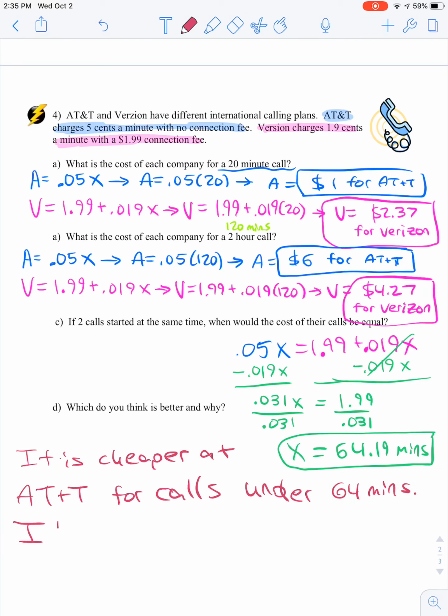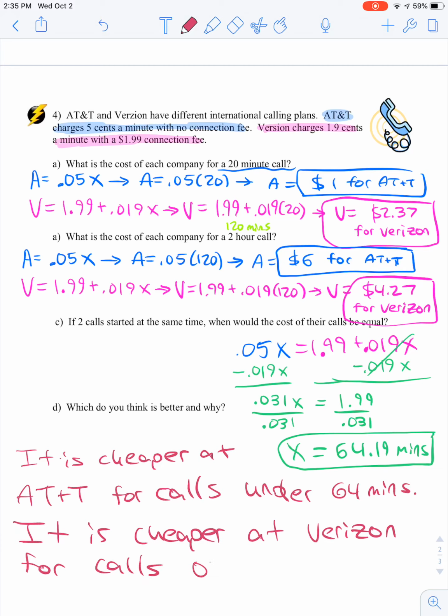It's cheaper at Verizon for calls over 64 minutes. So it depends on what you want.